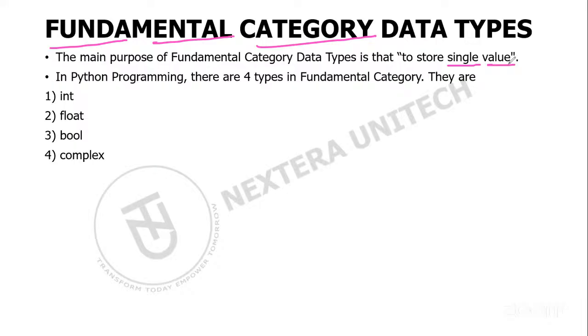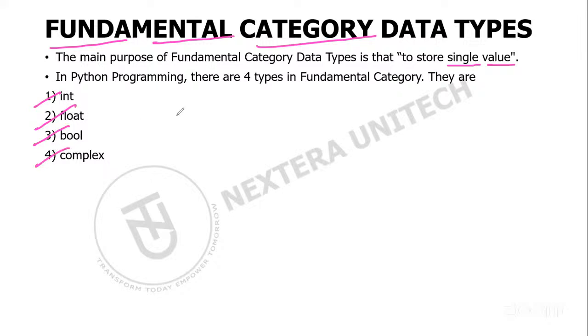If you just want to store a single value, you can use fundamental category data types. What are the different types of fundamental category data types we have? We have int, float, bool, and complex.